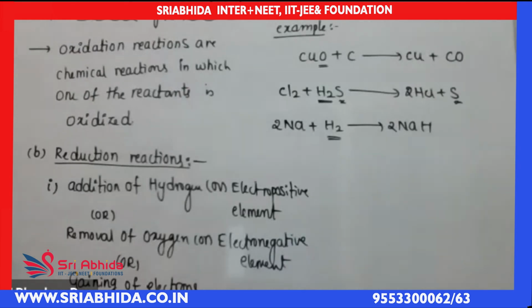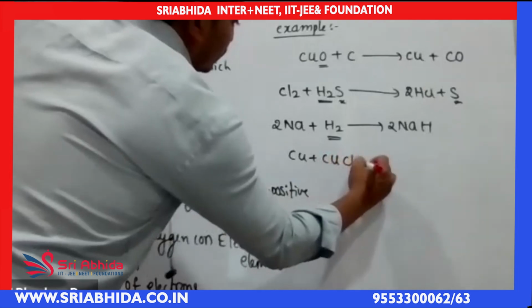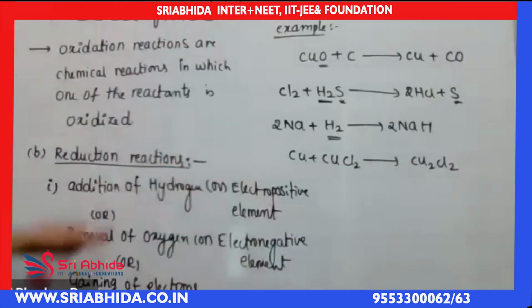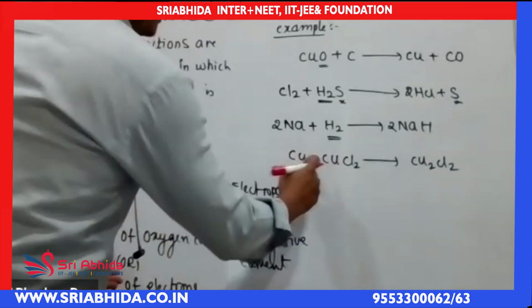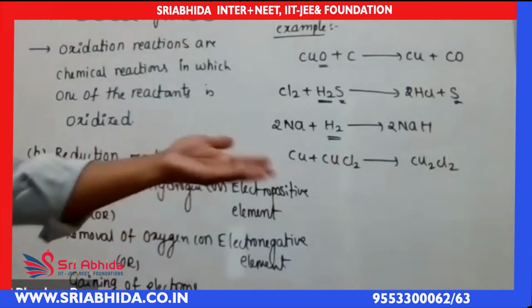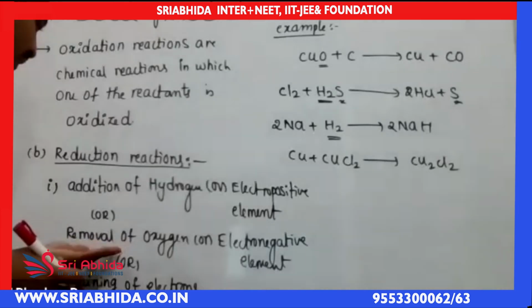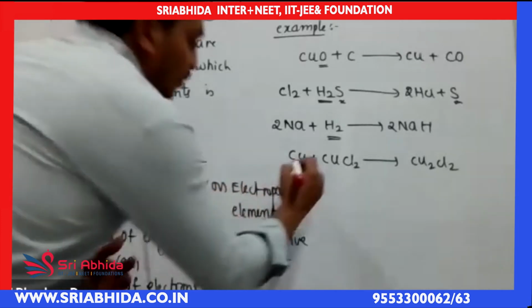Next, copper reacts with cupric chloride. When copper reacts with CuCl2, it is converted into Cu2Cl2, the same as the mercuric chloride example before. Cu plus CuCl2 gives Cu2Cl2. This is also an example: addition of an electropositive atom.